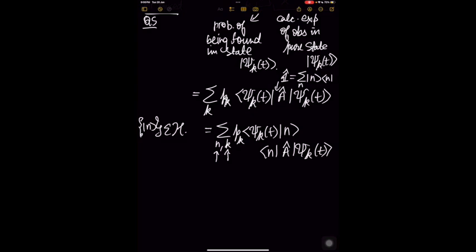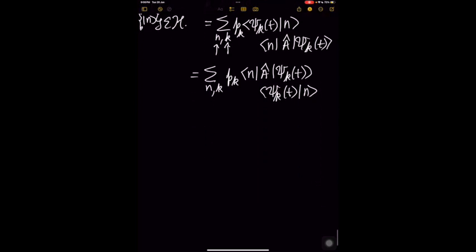So now again, I interchange the terms as I have done previously. So you get the sum over n and k, p_k, bra n, because they're scalars. That's why I'm interchanging the terms. Psi k t, bra psi k t, ket n again.